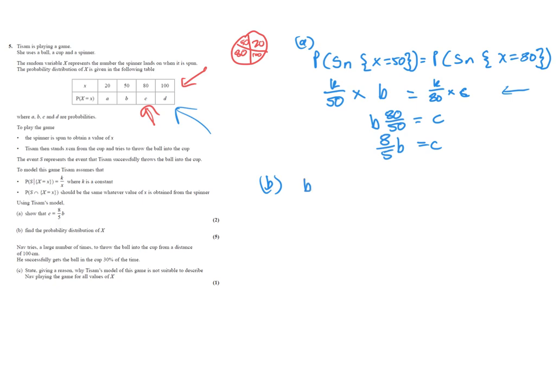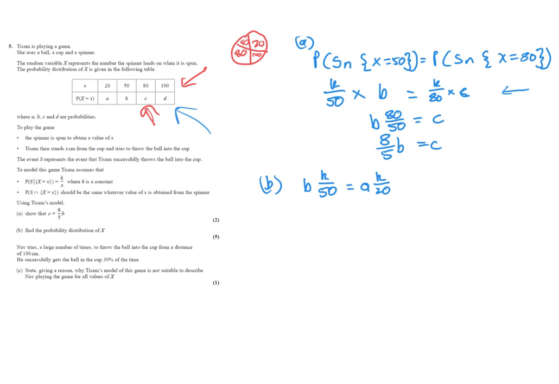if I roll B, my probability of getting it in is that. If I roll A, then the probability is going to be K over 20, because that is the one that corresponds to being 20.